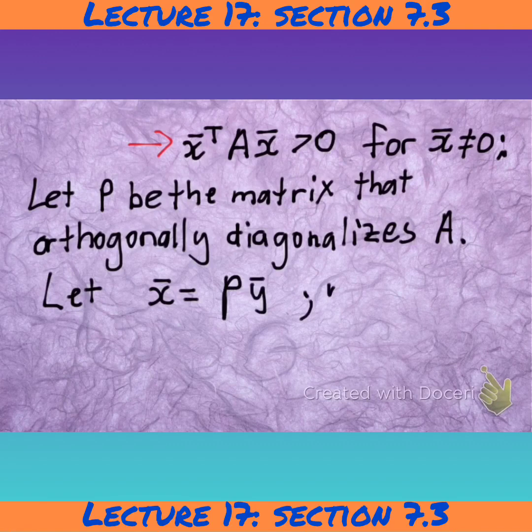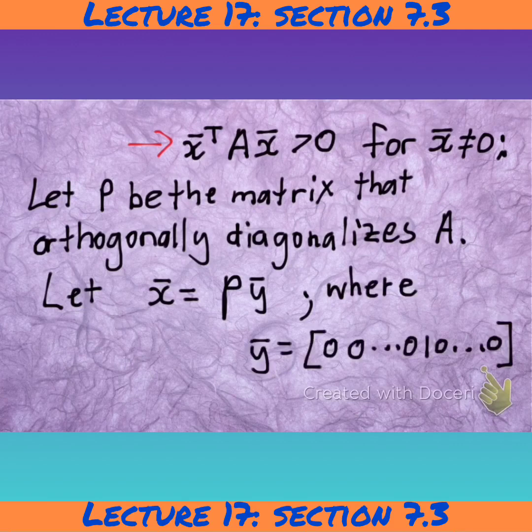If we take the vector y, which has got a 1 in the ith position and 0 everywhere else, then we can just find an x that will satisfy that change of variable there.